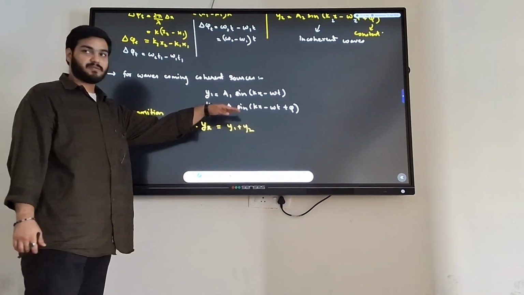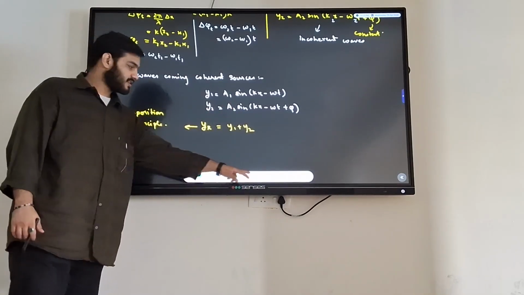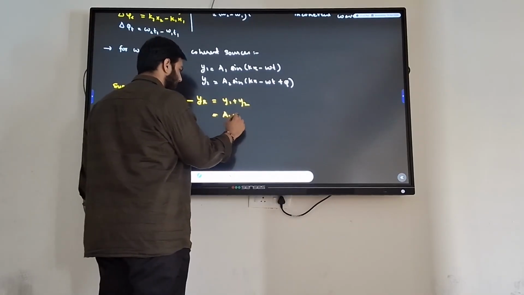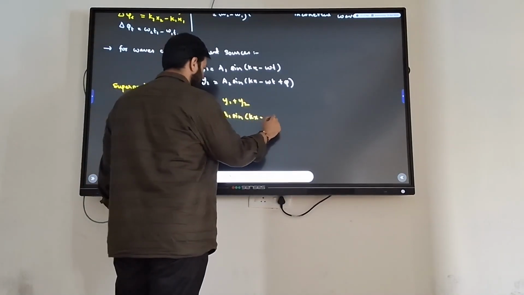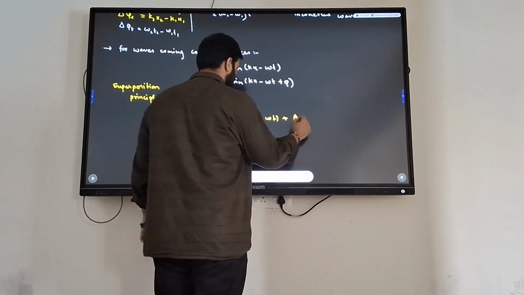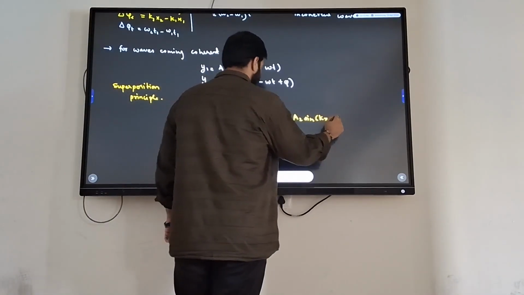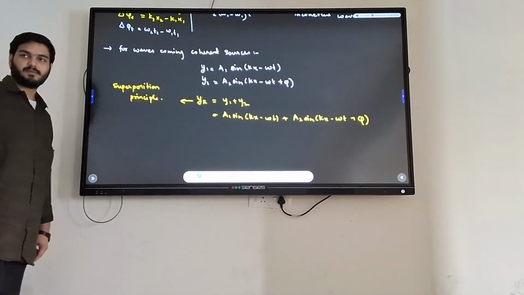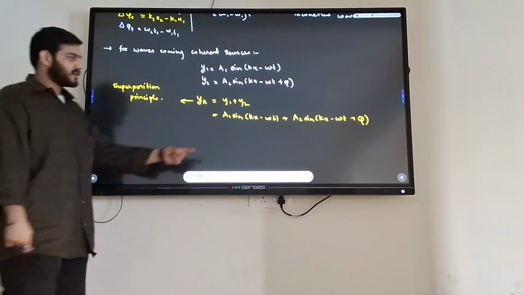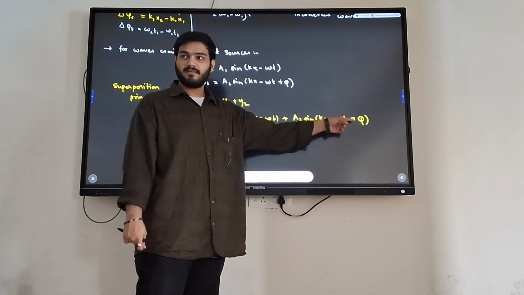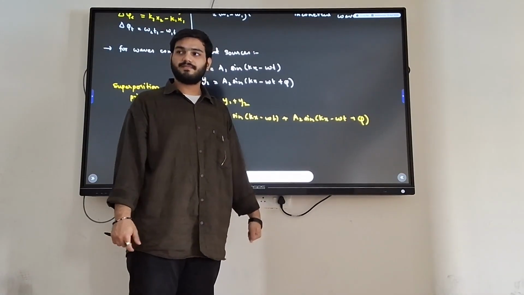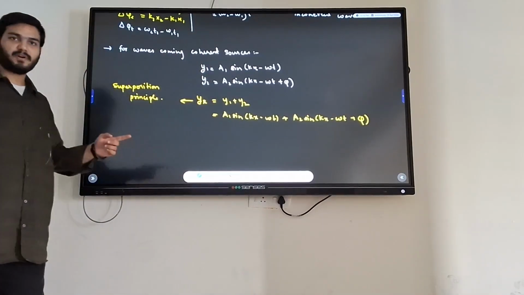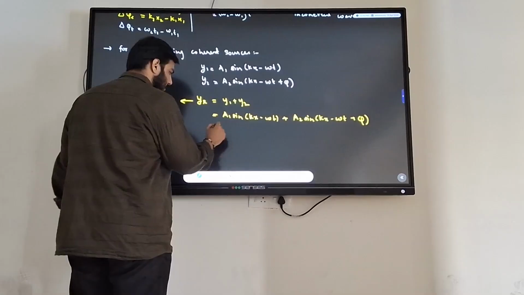So for people who have written it till here, please try to keep up. What is yr given as? A1 sine (kx minus omega t) plus A2 sine (kx minus omega t plus phi). This kx minus omega t looks like some theta. Then that looks like sine (theta plus phi). What is the sine (theta plus phi) formula? sin theta cos phi plus cos theta sin phi. Yes, everyone knows the sin (A plus B) formula. Then what is this?